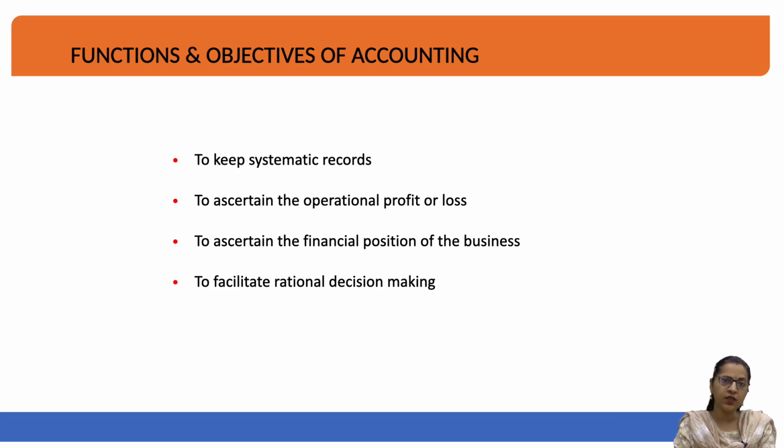The transactions in the financial year will be put into a systematic record setup, and that setup will help the managers and other stakeholders to find out that these were the transactions held in the past and this is the output of those transactions of the past. So that is how the keeping of the systematic records happens.